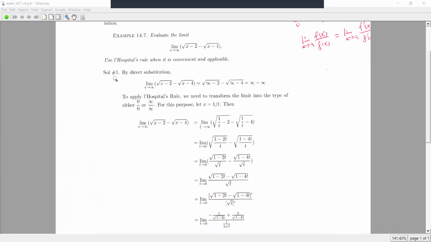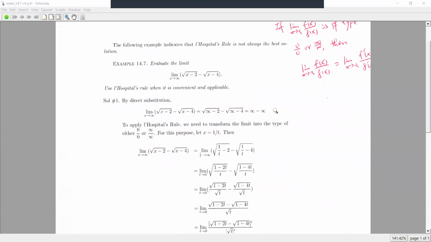In solution 1, I want to use L'Hopital's rule to solve this problem. By direct substitution, I plug in infinity for x, then I get this number, but this number is infinity minus infinity. So I cannot tell what the number is. This is a difficult limit.